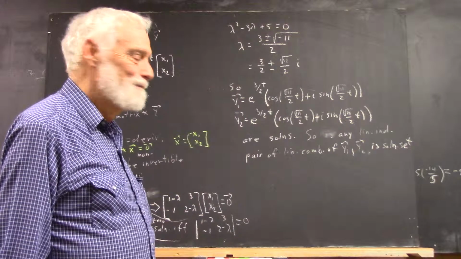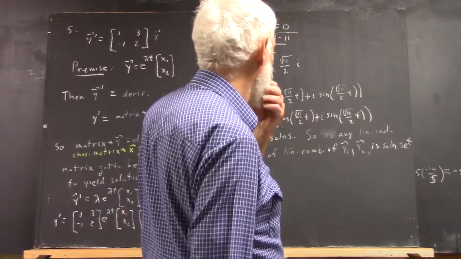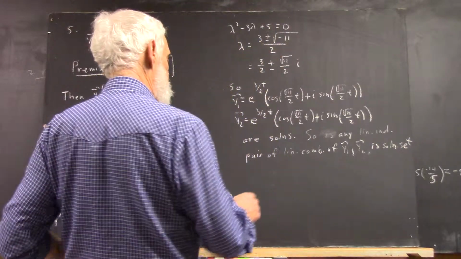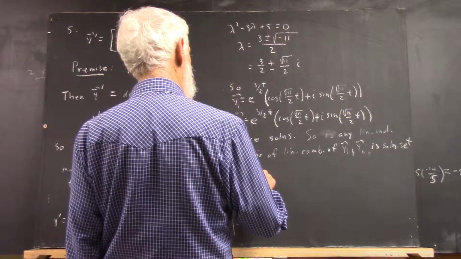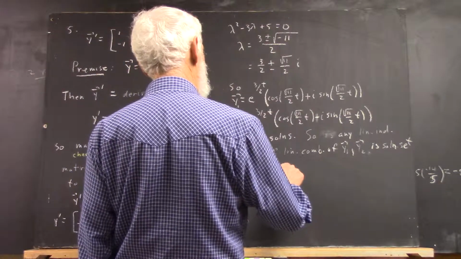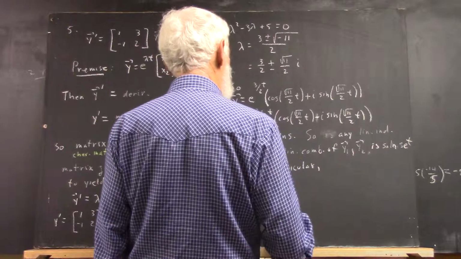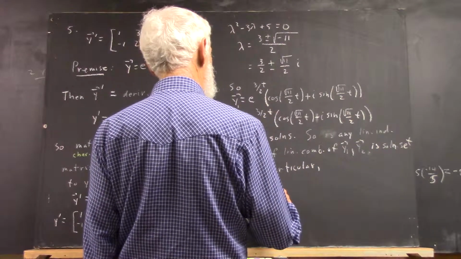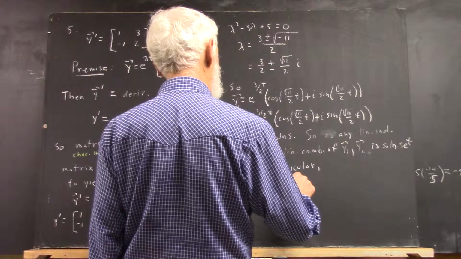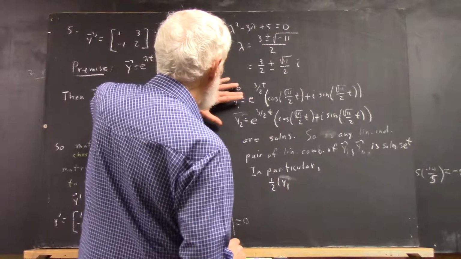Okay? And the linearly independent pair I want, and y1 and y2 are not vectors.